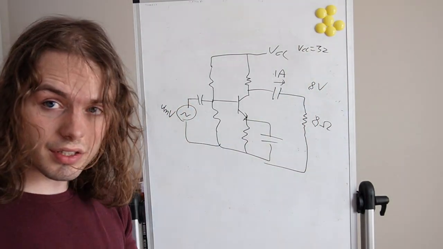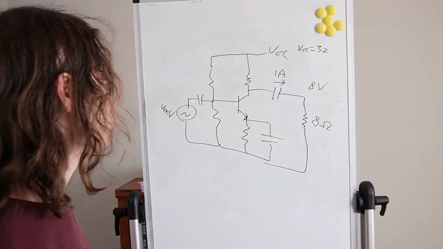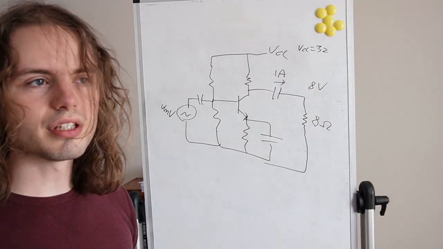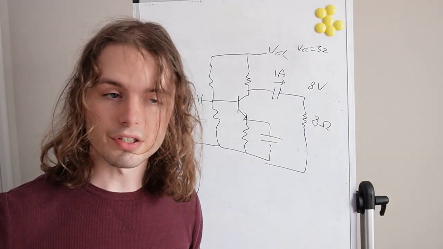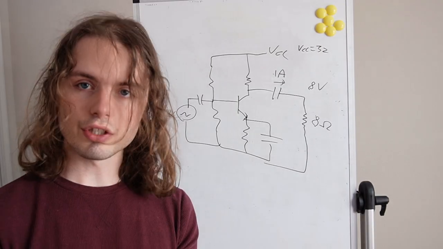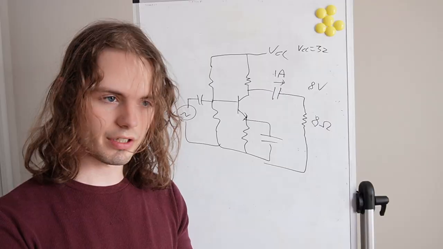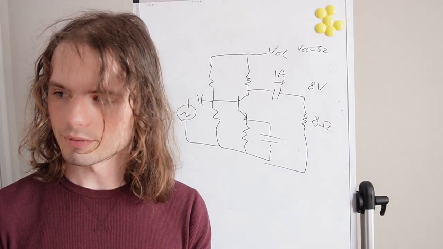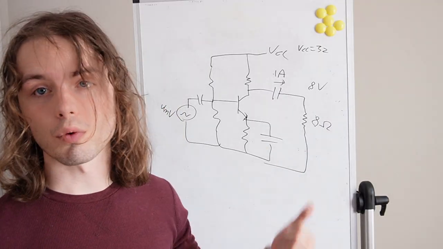Okay, so we have VCC equals 32. The next thing, as we said earlier, we need to decide how much collector current we need. It is generally good to have more quiescent current than your load is going to require.